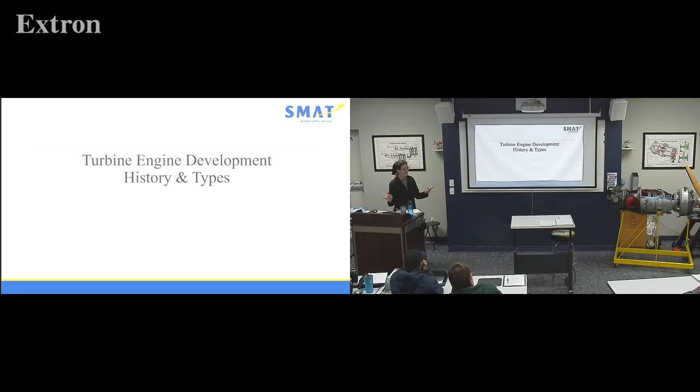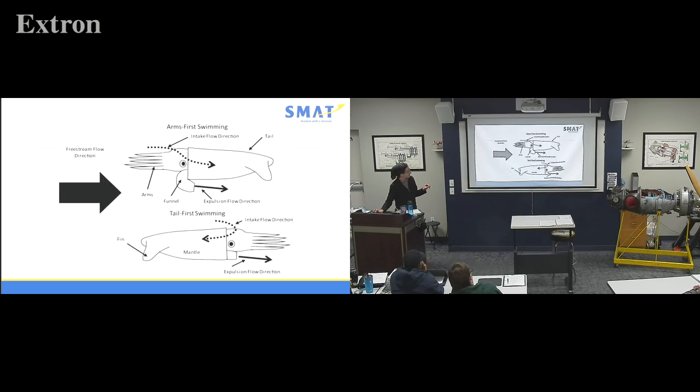Okay, so we're going to start with some turbine engine development history, which is pretty cool, and then types of engines. What never ceases to amaze me, even though we as humans have a ton of ingenuity, is that God comes up with stuff first.